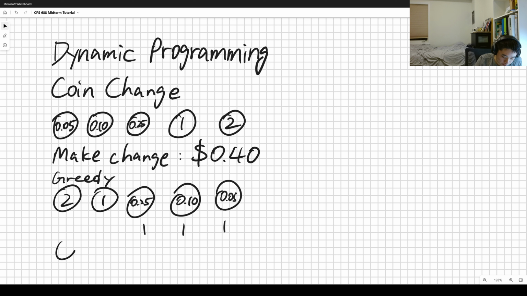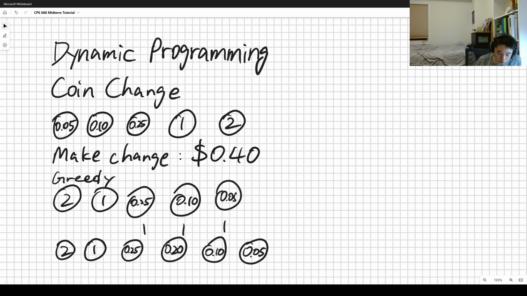But what if we introduce a new coin, which is 20 cents, and then we do this. If you take this greedily, you will end up just taking one of this, and one of this, but that makes 3 coins. Instead, you could have taken 2 of the 20 cents instead.